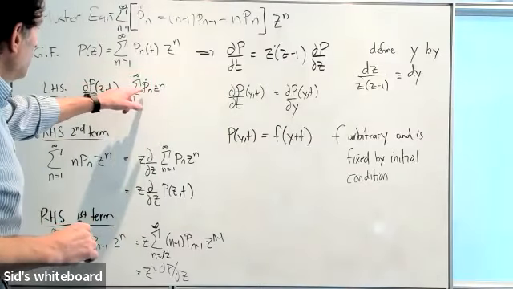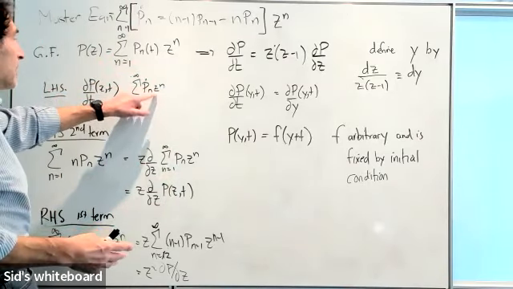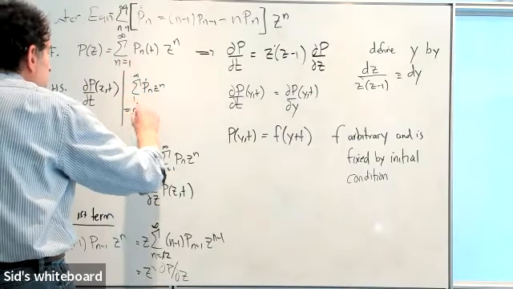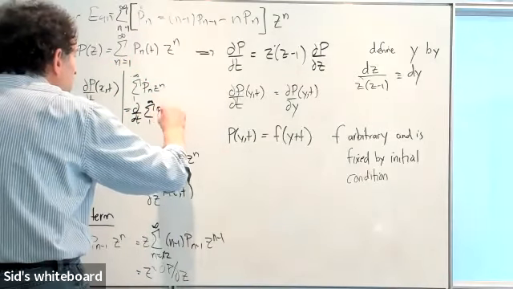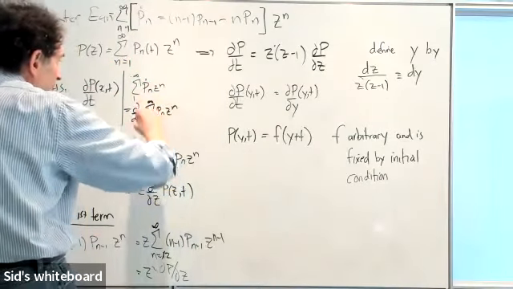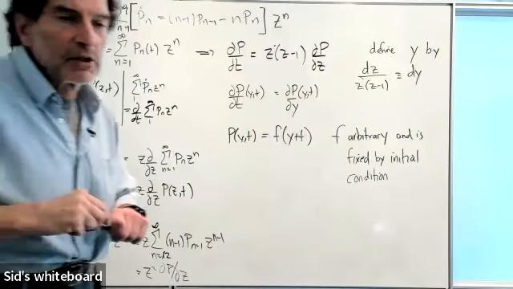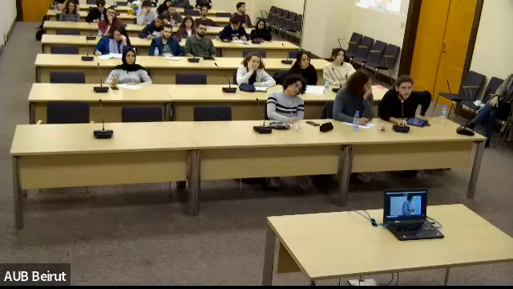Well, it's not that it goes away, but z here is just like some parameter. It does not depend on time. So this whole thing here is nothing more than d by dt of the summation from 1 to infinity of P_n z to the power n. And this thing is my generating function. And so I just have the time derivative of the generating function. Is that clear? Okay.